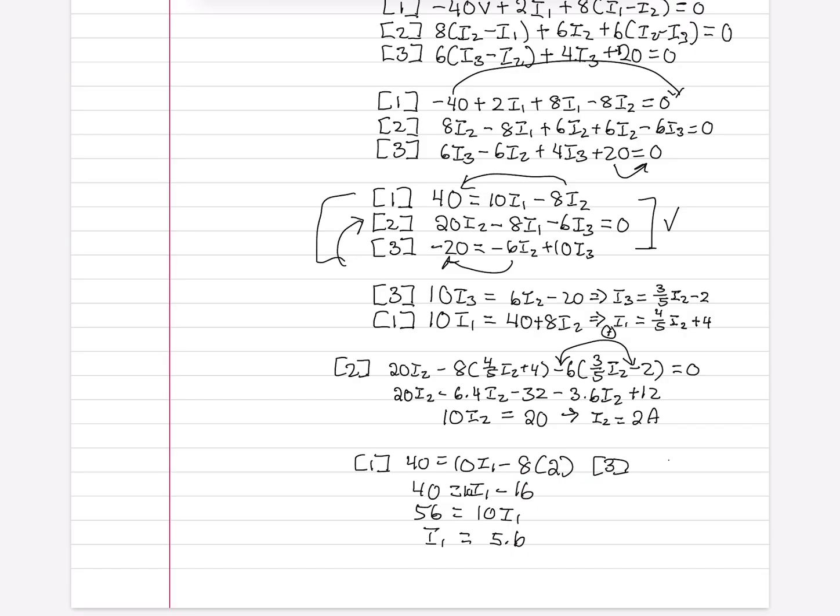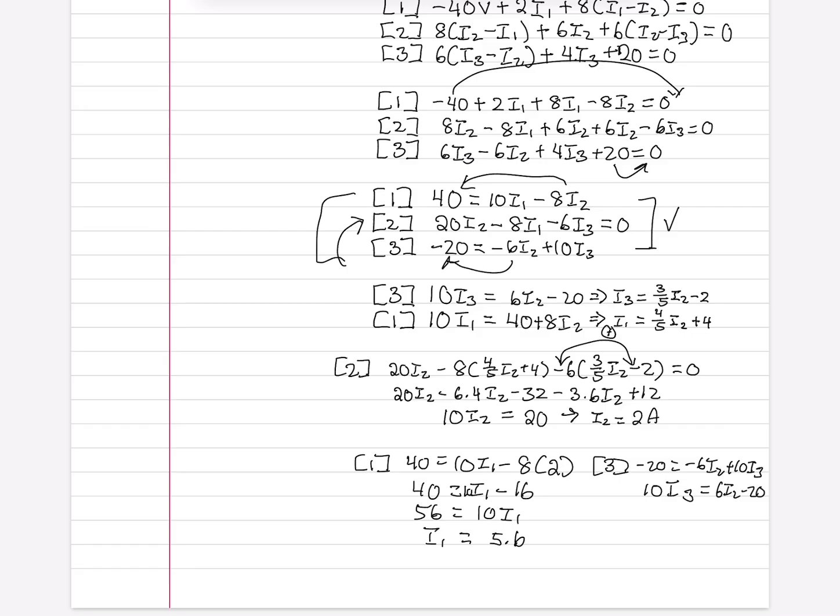And then we can solve for I3 here. Again, let's look at our equation. We have negative 20 equals negative 6 I2 plus 10 I3. So then we have 10 I3, and then we subtract to the other side, equals 6 I2 minus 20.